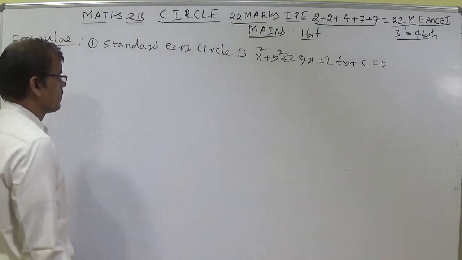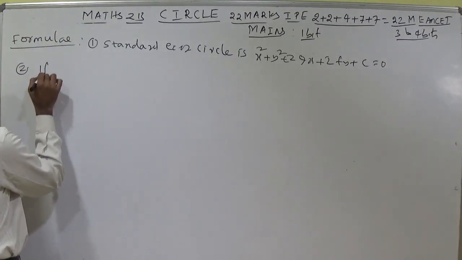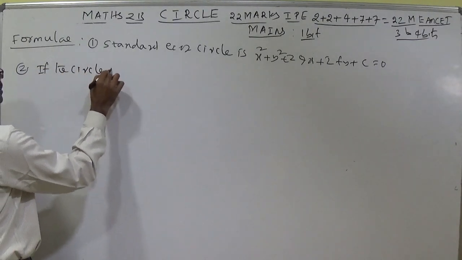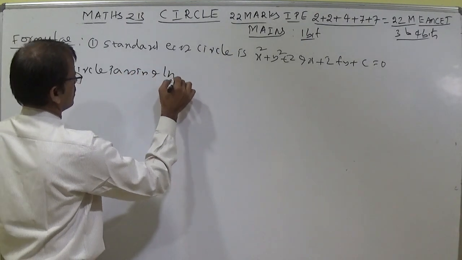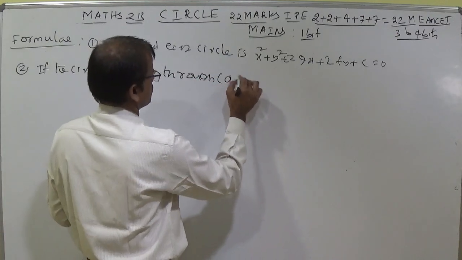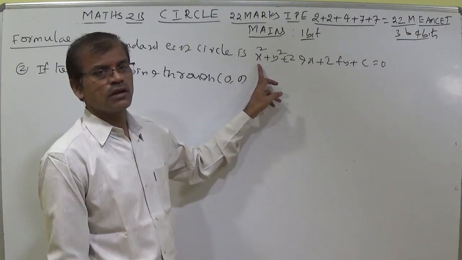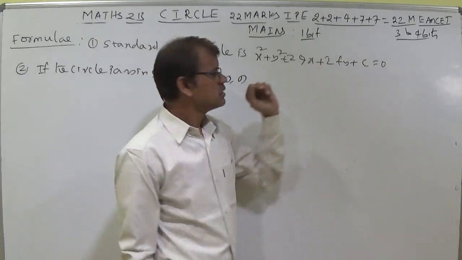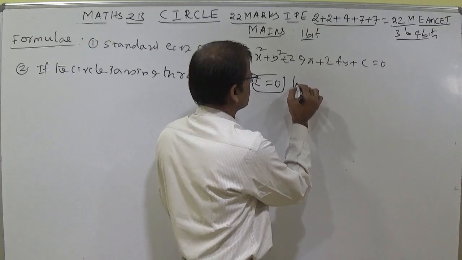Plenty of times I said. Next one, you write here, if the circle is passing through (0, 0), that means the origin. If the circle passes through (0, 0), you substitute here x as 0, y as 0, so c becomes 0.